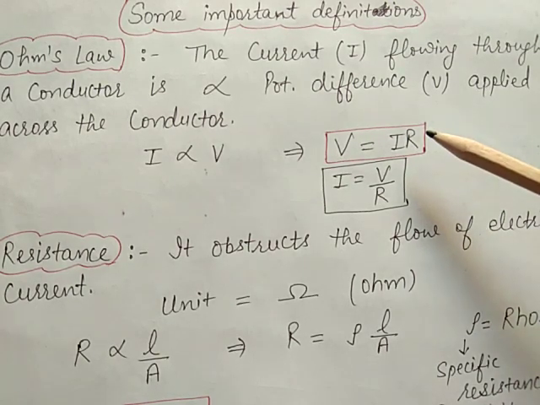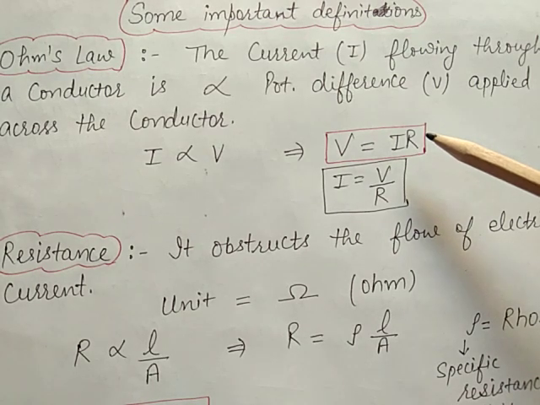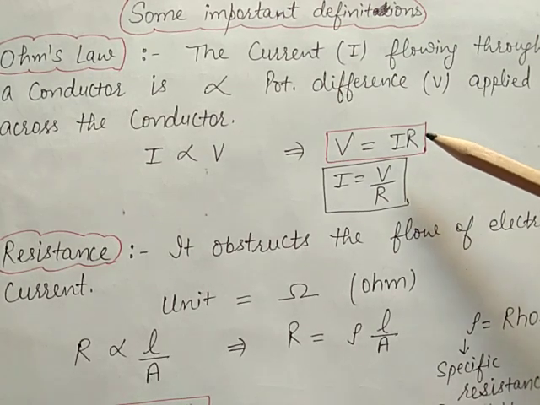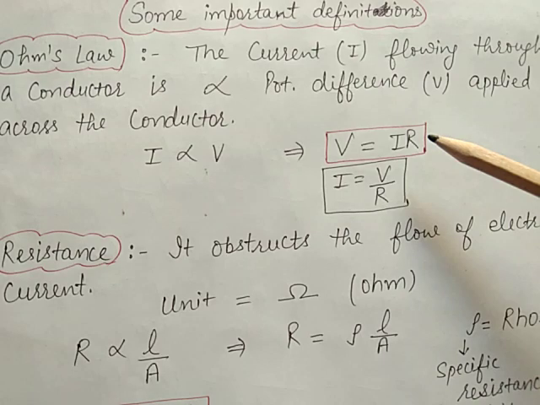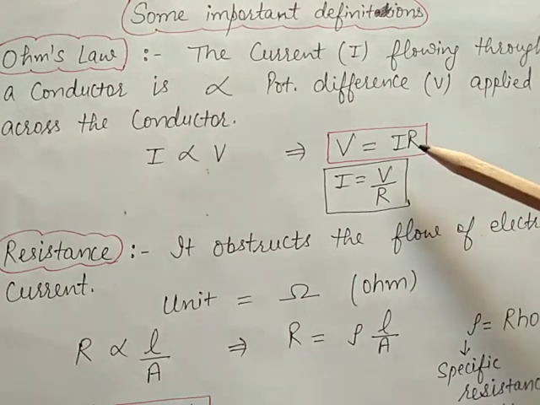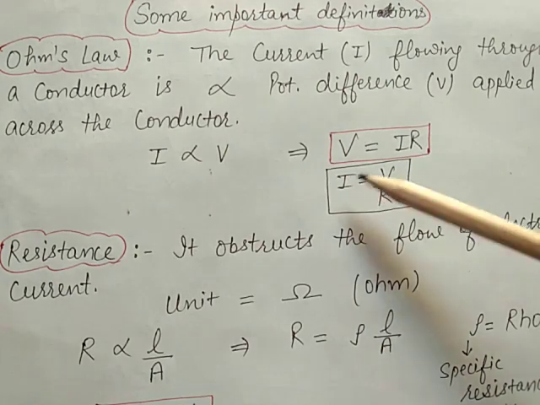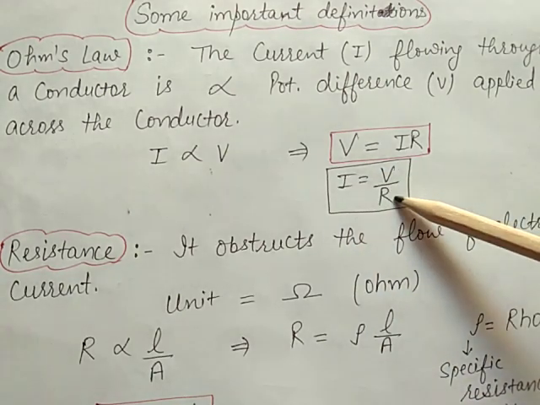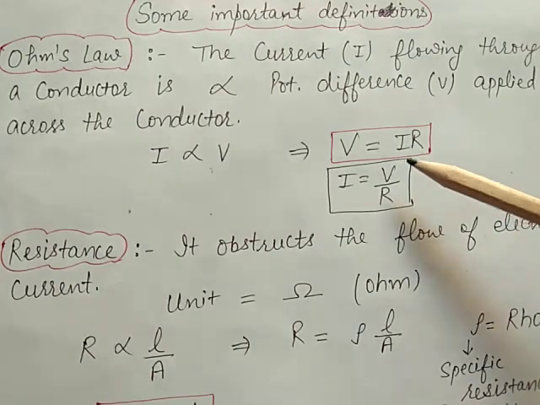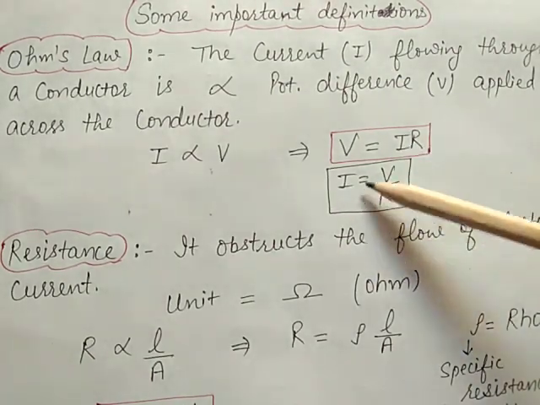Ohm's law is obeyed by both metallic as well as electrolytic conductors. So here we can easily calculate the current, I is equal to V by R. Then what do you mean by R?